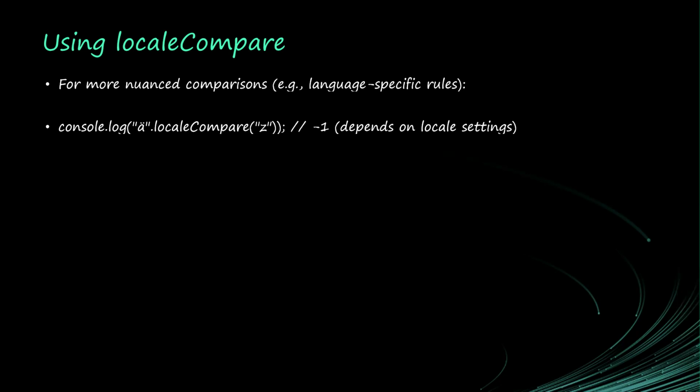Look at this A. This is not the normal A in English. I don't know what this A is, but it's not the normal one. We talked about localeCompare, so I'm not going to explain it again. If you don't understand it, watch the immediate previous section.